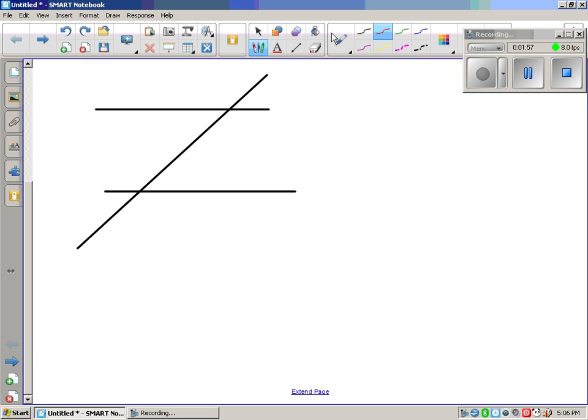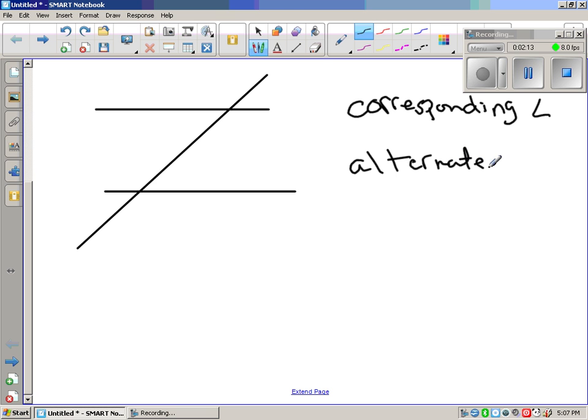Angles that are congruent are corresponding angles, alternate interior, and alternate exterior. They're all congruent to each other.